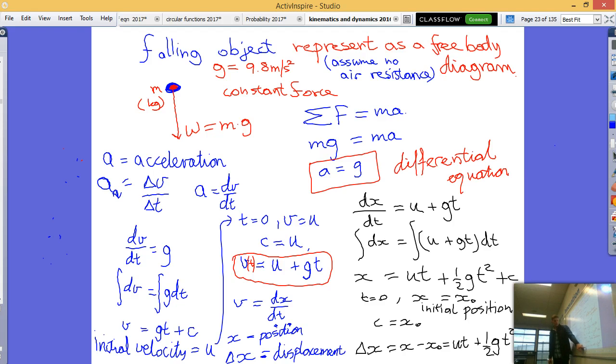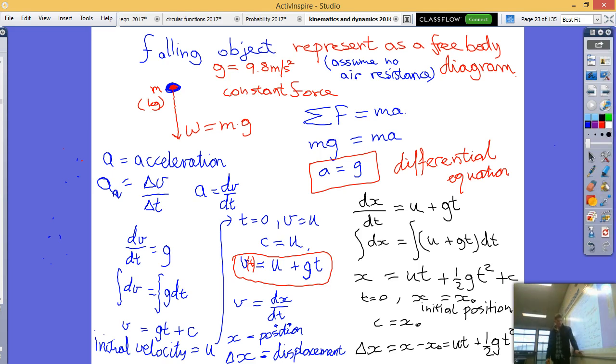Then if I put c equal to the initial position and subtract that over with x, here is my change from my final position to my initial position, which we call delta x, your displacement. So your displacement is given by ut plus half a t squared, where a is your acceleration, in this case accelerating downwards.